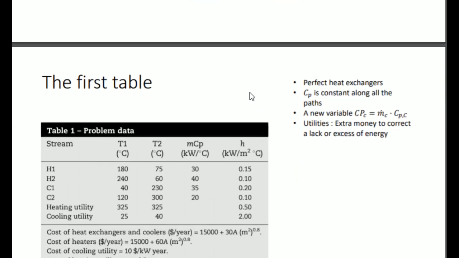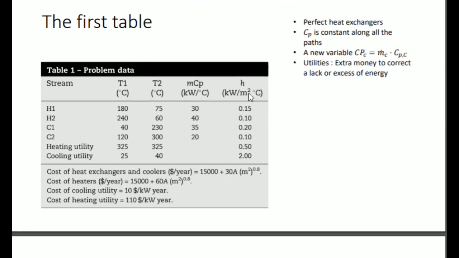So now we will try to see how this kind of problem is dealt with. So when you do this problem, you will notice that the problem looks like this. Here in this problem, we have two hot streams, two cold streams, and what we call utilities.